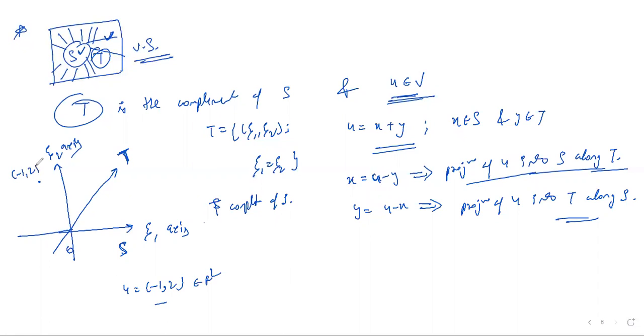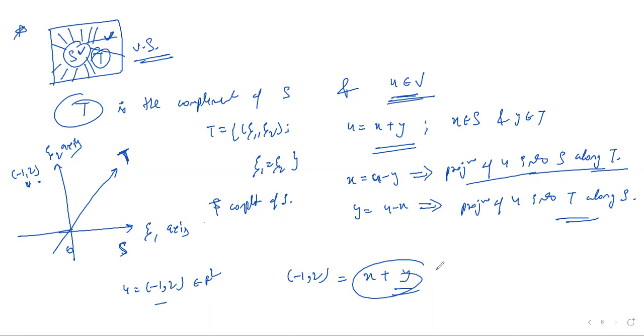This is u. Now I want to know the projection of u into S along T. It means I want to write this vector in the unique format of x plus y, where this is the direct sum.